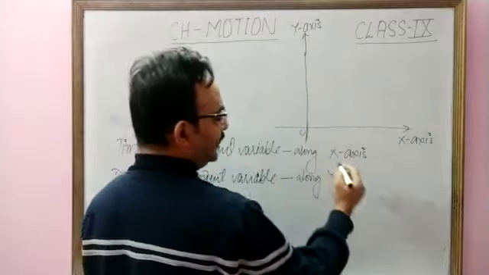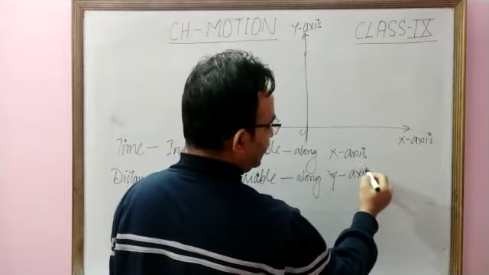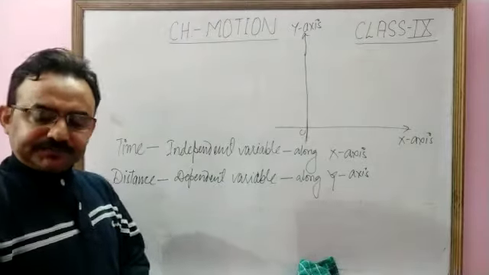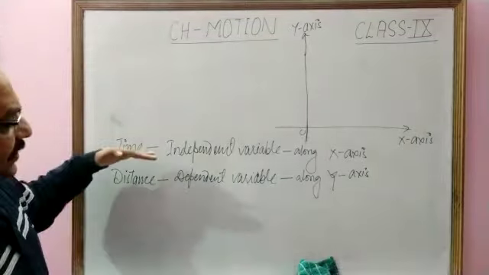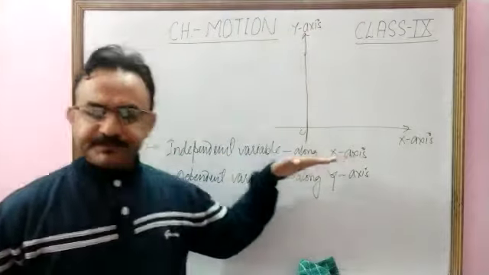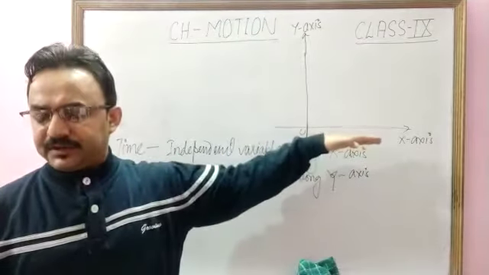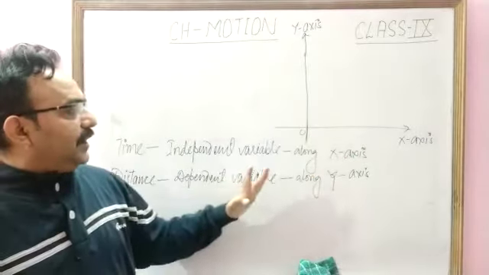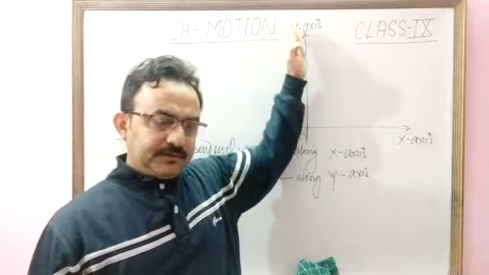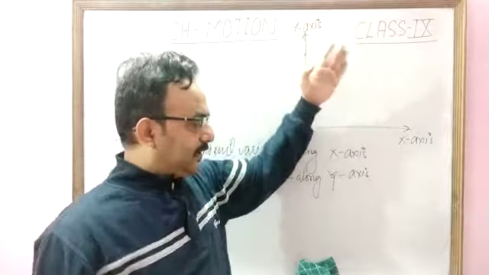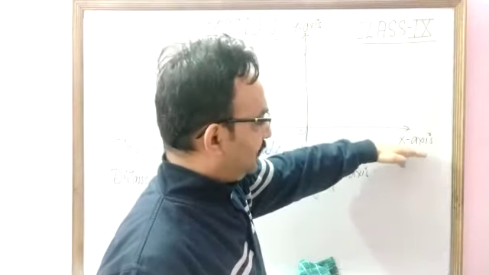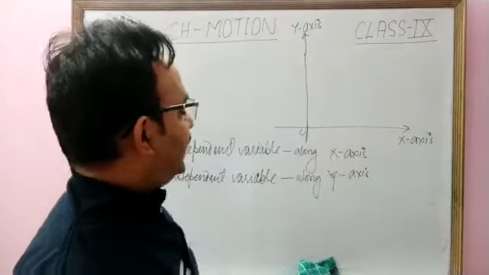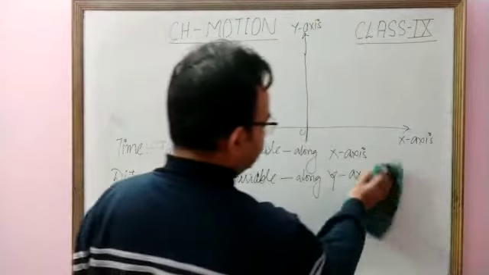Here the vertical component is the y-axis. Is it clear? Most probably the independent variable you have to mark along the horizontal component and the dependent variable along the vertical component, such that here the horizontal component is the x-axis and the vertical component is the y-axis. Clear?